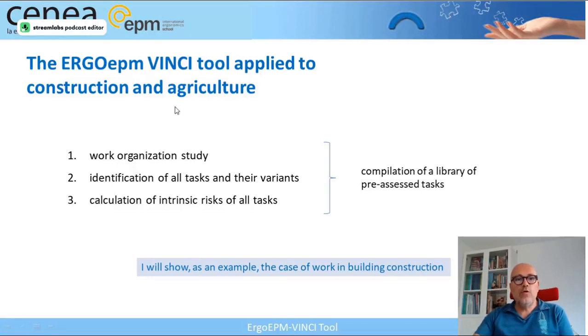What this group of researchers has done is the following. It has taken a sector of activity. The organization of work has been studied, identifying all the macro phases, tasks, subtasks, and the different ways we can find to do those activities.